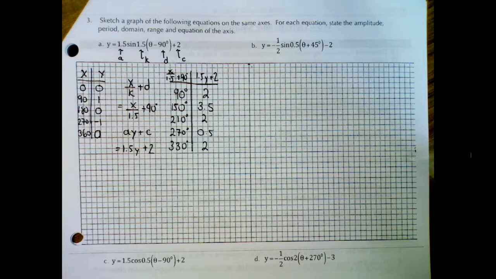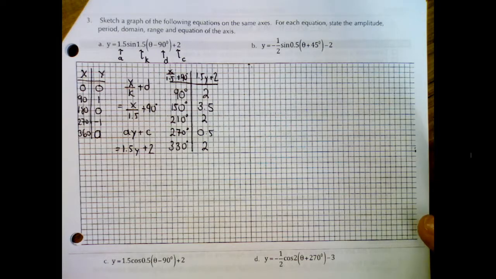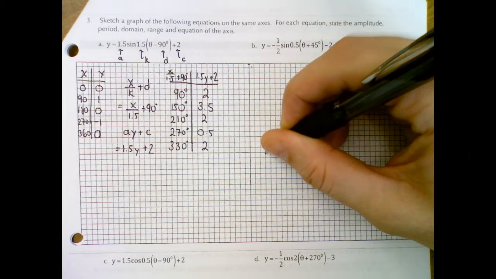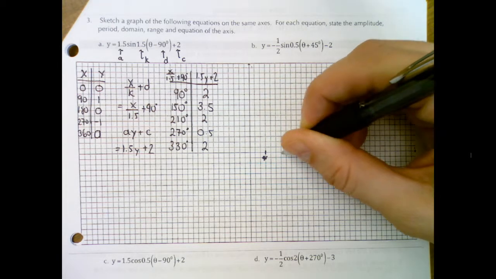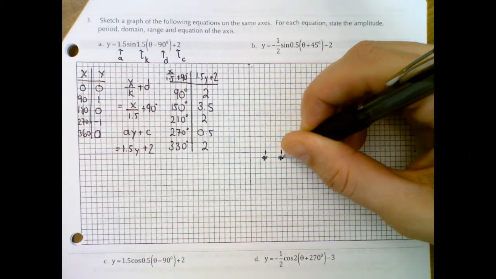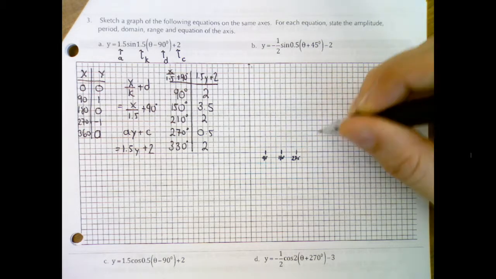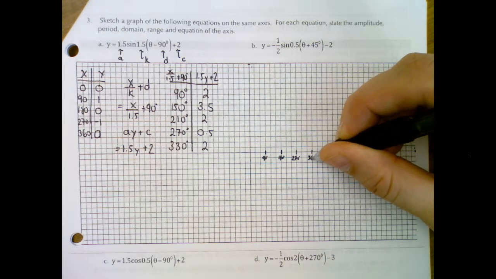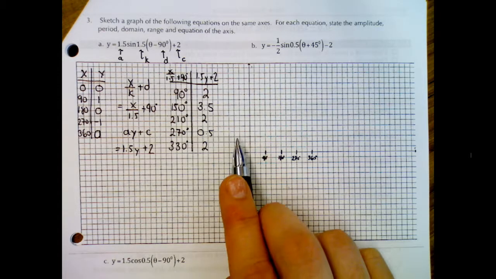Scale for our graphs. I'm going to use 30 degrees for every one of these little boxes, just so both of these graphs are going to fit on there when we do the second one. So 30, 60, 90, another 30, 60, and 180, 30, 60, and 270, 30, 60, and 360. And that's actually a big enough scale for us to fit on our first graph.